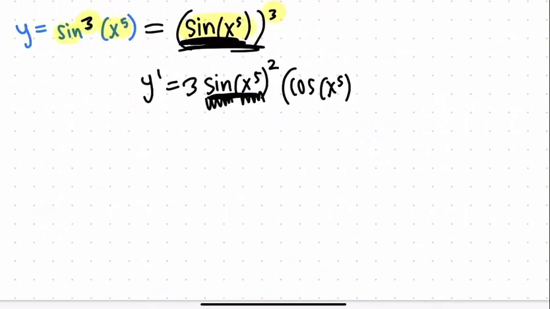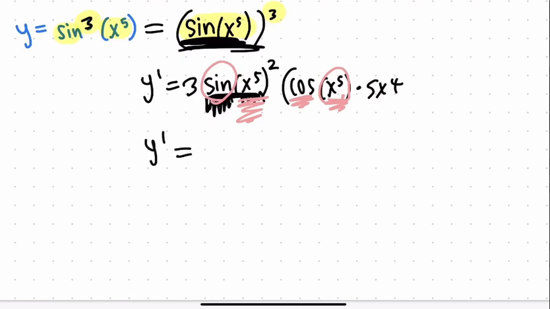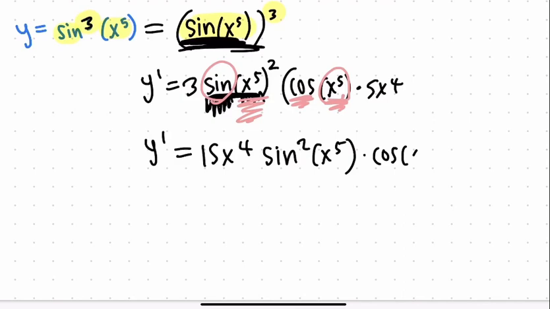So first we took the derivative of this, which came out to be cosine, and then you keep this the same, and then your last step is going to be taking the derivative of x to the 5th, okay? So that's going to be 5x to the 4th. So your final simplified answer is going to be 15x to the 4th, sine of 2x, sine squared, plus of x to the 5th, and then cosine of x to the 5th.